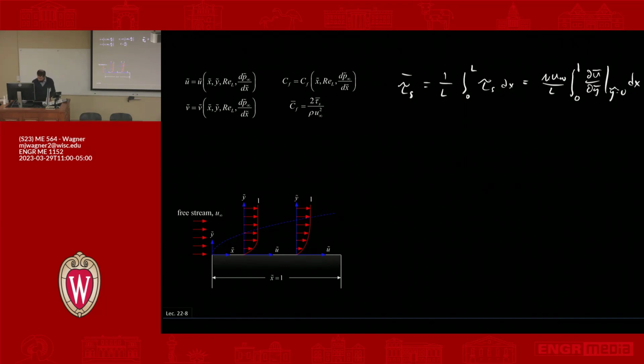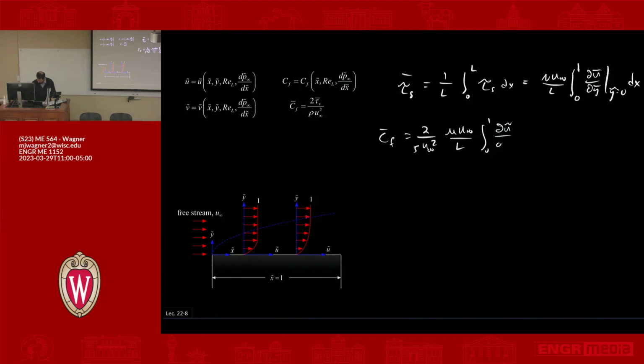Translating this to the average friction coefficient, C bar F becomes 2 over rho u infinity squared, times mu u infinity over L, and then this integral from 0 to 1 of partial u tilde with respect to y tilde at y tilde equals 0 times dx.